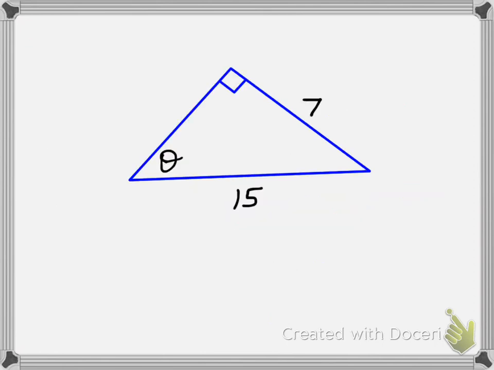In this example we'll do the same process. Pac-Man eats the angle, spits out the gumball. You're able to identify that the 7 is in fact on the opposite side, and the 15 is on the hypotenuse. Once again, it looks like we need the trig ratio that utilizes the opposite and the hypotenuse. But you could also think about it, it's the one without the a.